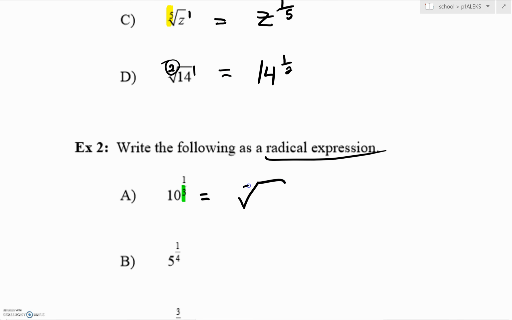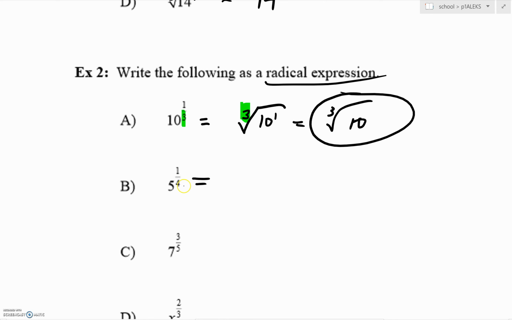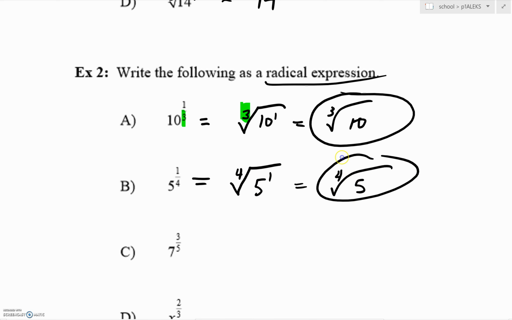This is a 3rd root. And again, just pay attention to that. That's really going to help you out a ton. So at this point, this becomes 10 to the 1, which of course is just 10. So you just write it as the cube root of 10. Likewise, right here, a denominator of 4 tells you that's a 4th root of 5 to the 1. Well, that's just the 4th root of 5.